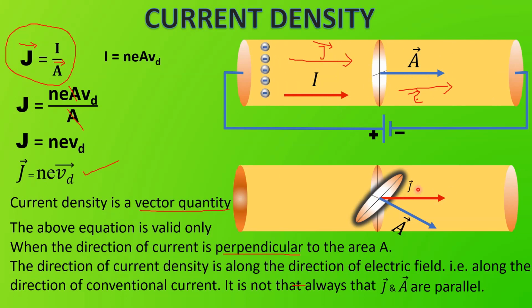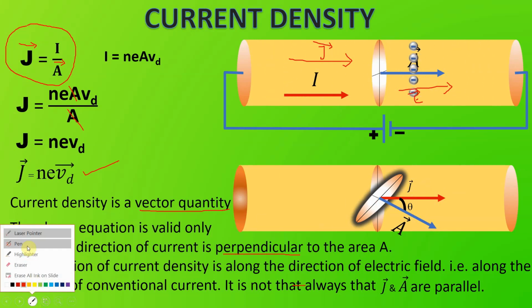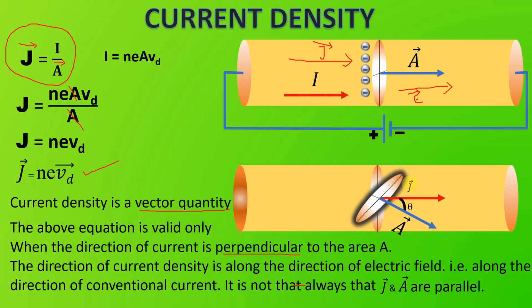The angle between them will be theta. When this A vector is resolved into two components, this represents the cos component, A cos theta. So the direction of current here can be represented. This is the component A cos theta.